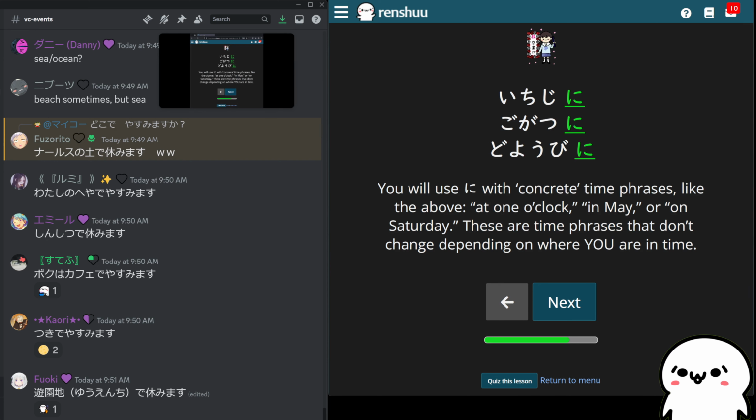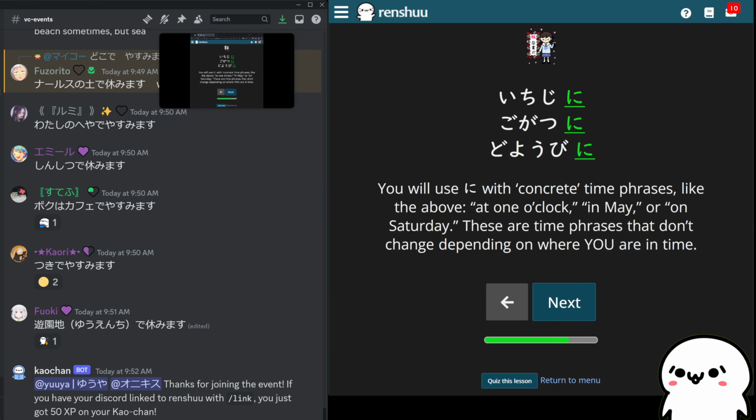Whenever you're marking concrete time phrases, like these, you use ni to tell us when this thing happened. And in English, you might say at 1 o'clock. You might say in May, or you might say on Saturday. So the ni can look like different things in the English depending on what you're using.